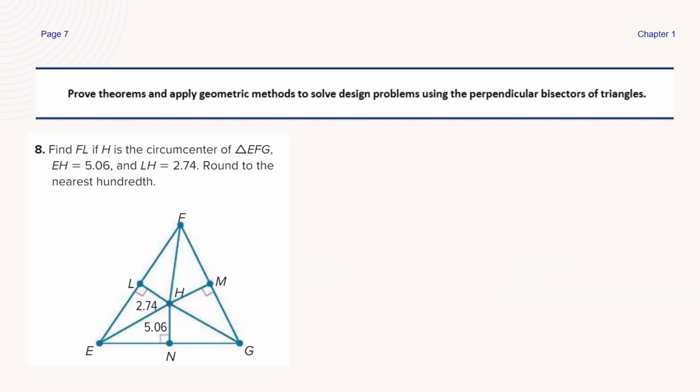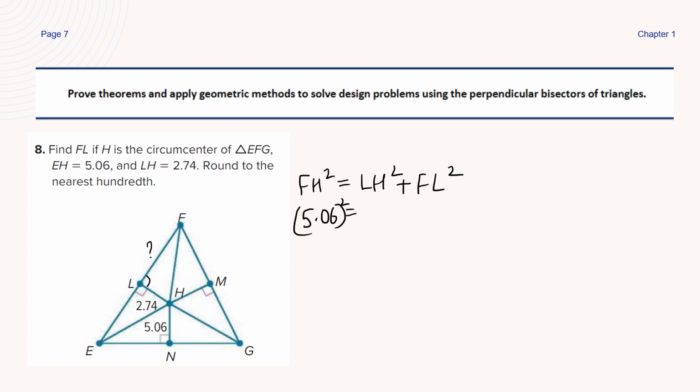Okay, very similar to the last question is this question. I would want you to try it yourself. I'm just giving you a hint. We have to find FL. FL we don't know. So again, we are going to take the right angle triangle and apply Pythagoras theorem. Now FH is not given to you, but you are given HE, so that is going to be 5.06 whole square.